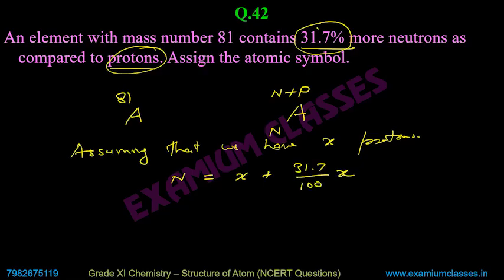Is that clear what I am saying? It is 31.7% more, so I will add that much. So from here, I will get the number of neutrons.